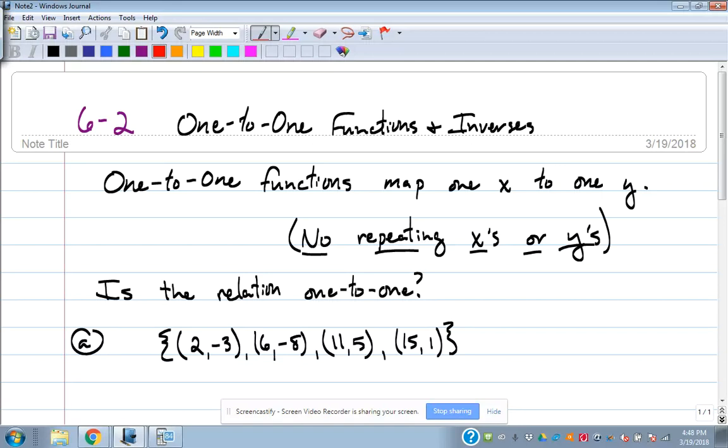Yes, no repeated x values: 2, 6, 11, 15. None of the x values are the same. Is it a one-to-one function? 1, 5, -8, -3. No repeated y values. So yes, it is one-to-one. Just a yes, no kind of thing there.